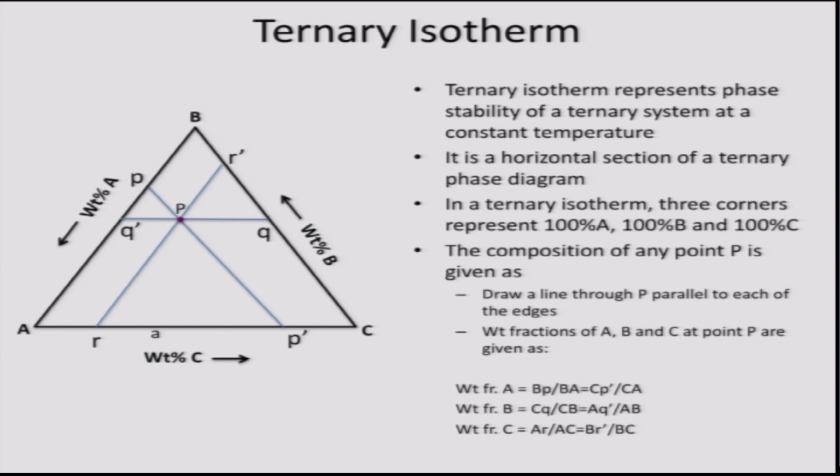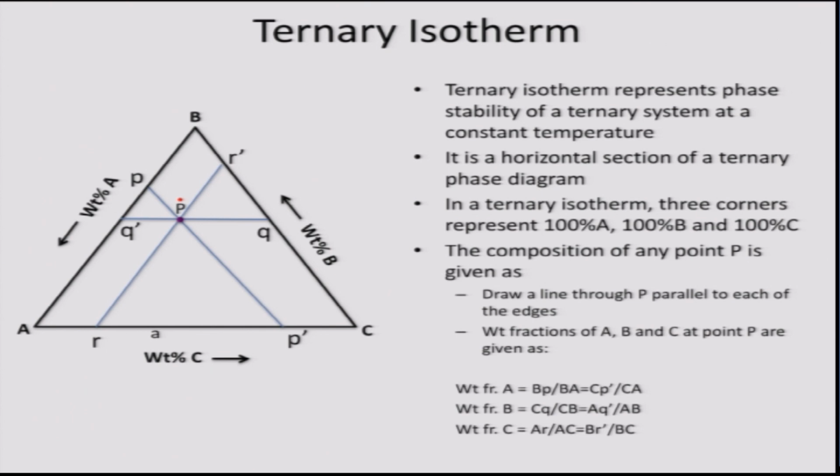Let us consider an example of point P here. For doing this, I have to first draw 3 lines passing through point P which are parallel to the 3 edges of the triangle. So, I have drawn line PP prime which is parallel to side BC, QQ prime parallel to side AC, and RR prime parallel to side AB.